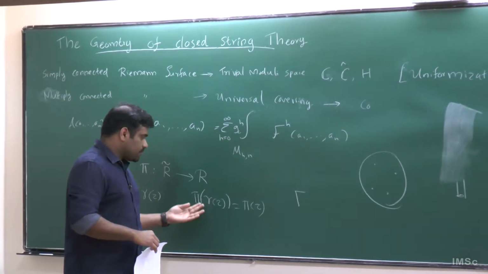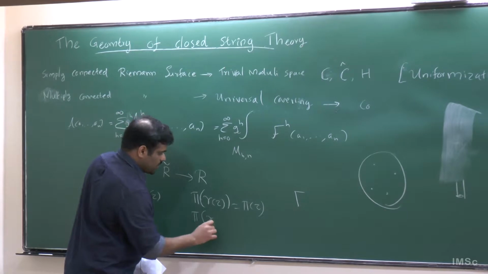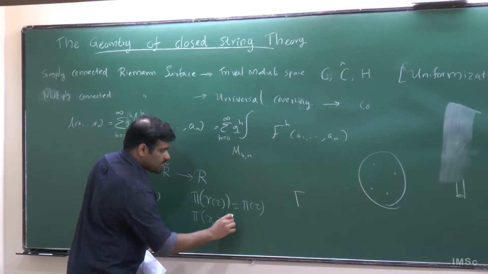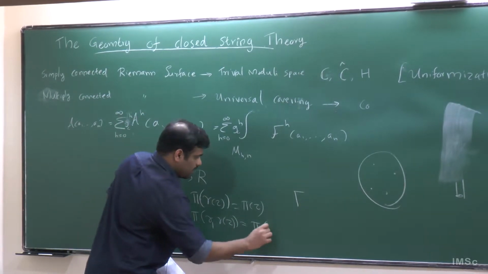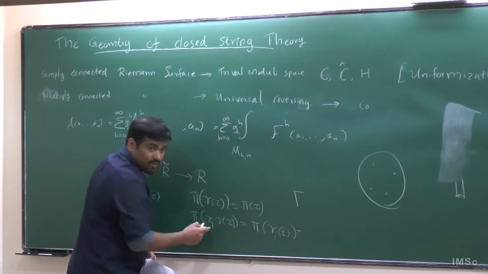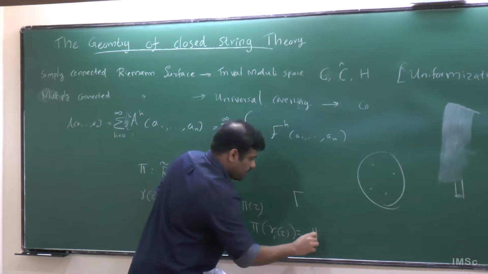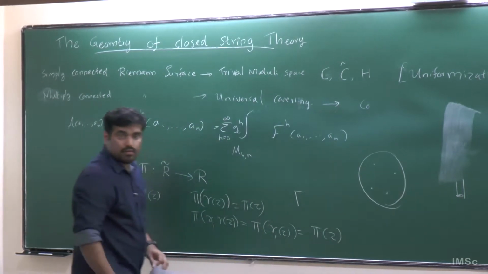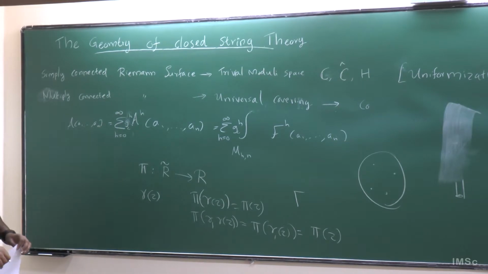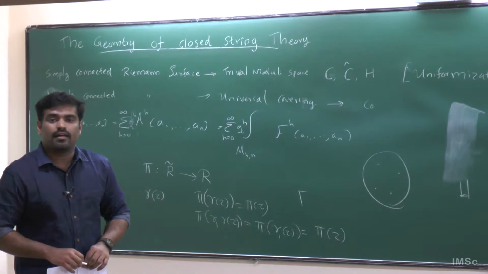You can introduce one more transformation gamma 1, acting as gamma 1 gamma C. So this becomes pi of gamma 1 gamma C, right? If gamma 1 is a covering transformation, then this becomes pi of C. But gamma may not have an inverse.